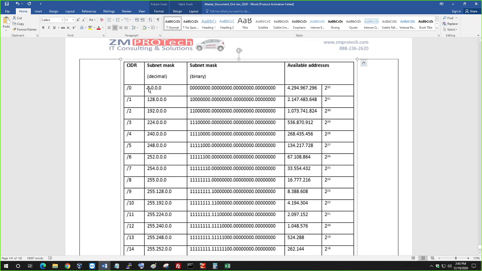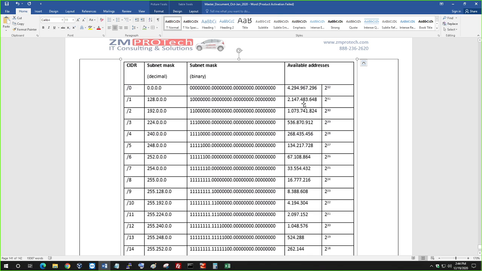If you're starting from zero, with all zeros, this is what the binary would look like, and you would have about 4 billion IP addresses available to you.